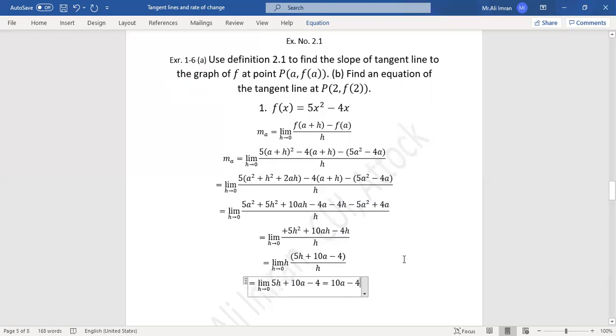Now we have to find the second part, the equation of the tangent line. First of all, we will put the values for part b.